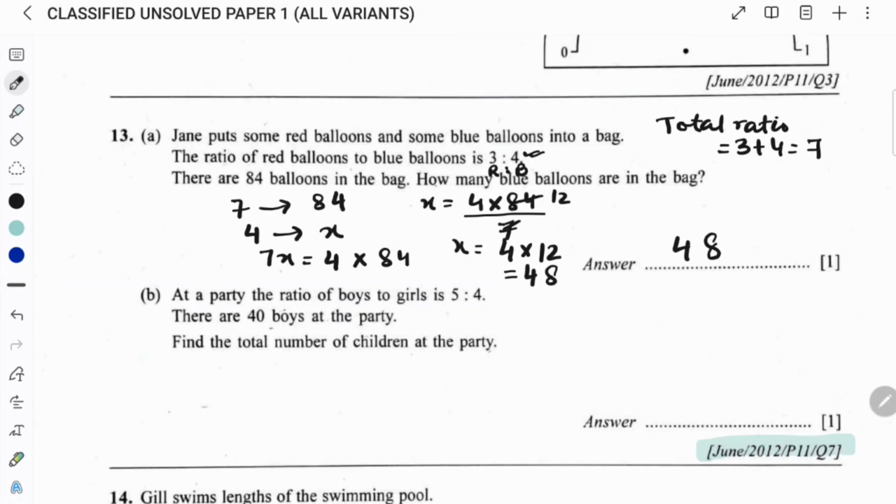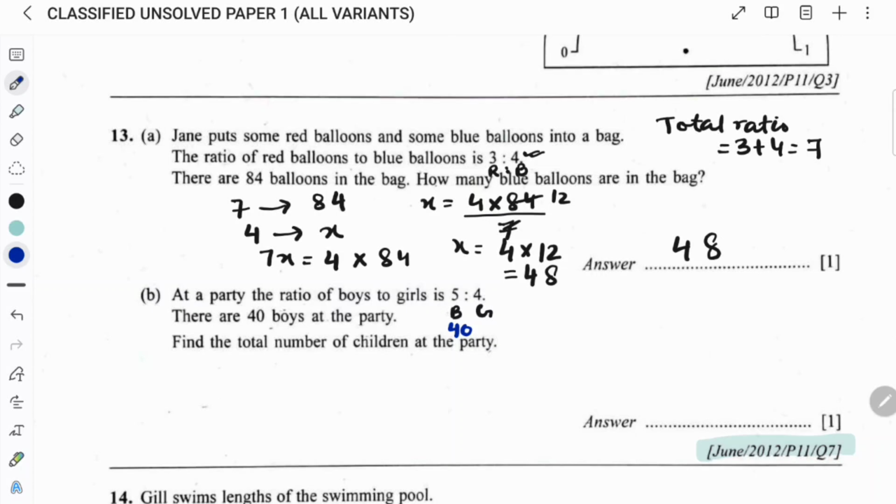Now part B. At a party, the ratio of boys to girls is 5 to 4. So this is boys and girls. There are 40 boys. 5 eights are 40, then 4 eights are, you just have to look at the same ratios.